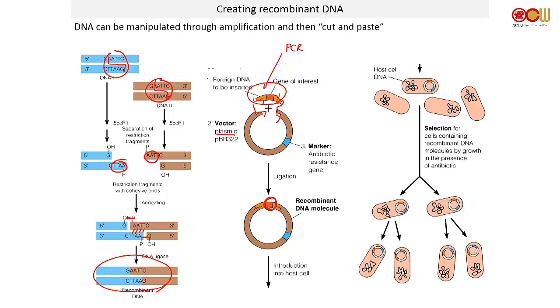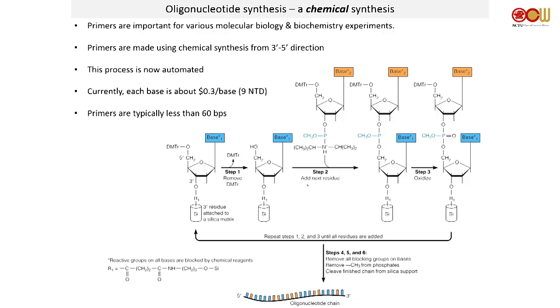You cut them, and then afterwards you paste them using a ligase, okay, DNA ligase, and then they become one single DNA molecule, and then you can use E. coli to make more of that DNA for you. So this is recombinant DNA, and this is something that is done very routinely in almost every lab that studies proteins. Okay? All right, so this is what I want to get into.